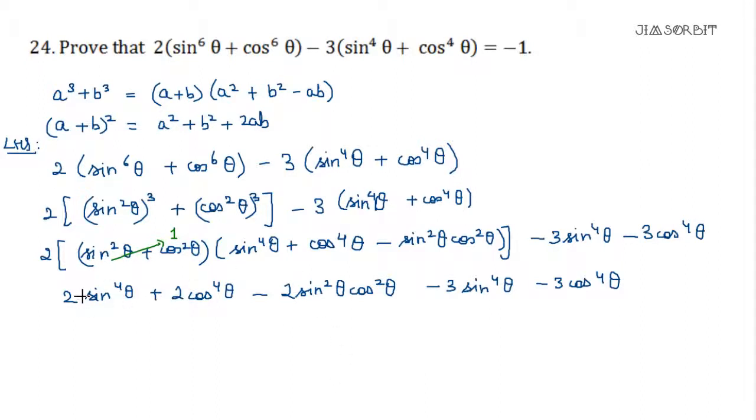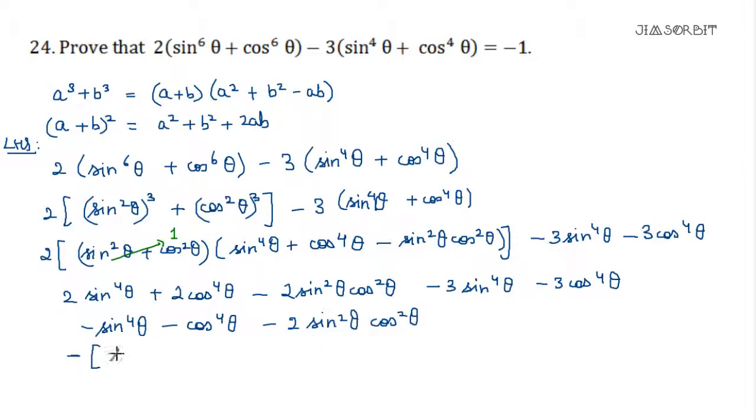Now if you notice, 2 sine to the power 4 minus 3 sine to the power 4 is minus sine to the power 4 theta. Now plus 2 into cos to the power 4 minus 3, so it will be minus cos to the power 4 theta, minus 2 sine square theta cos square theta. Let us now take minus common.